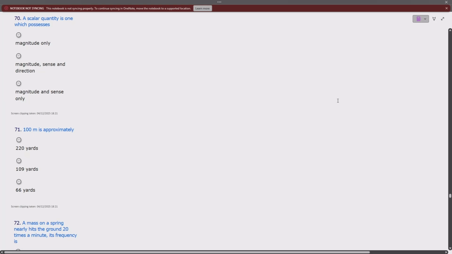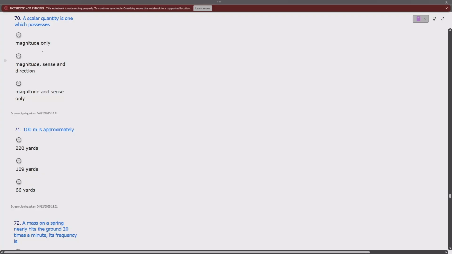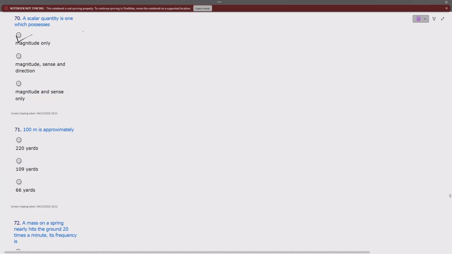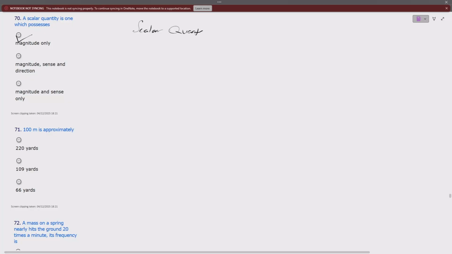Question number 70. A scalar quantity is one which possesses magnitude only. Sometimes they'll give you what is a vector quantity. It has magnitude and direction. So a scalar quantity has magnitude only.